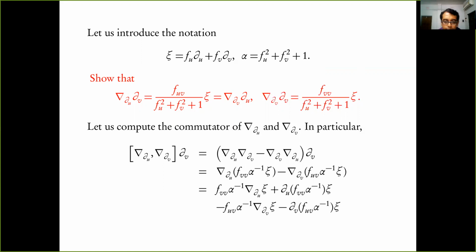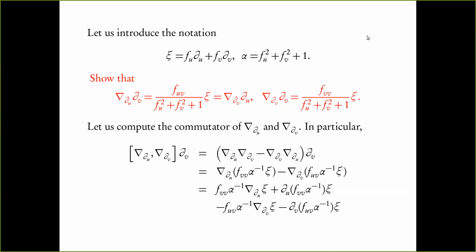One is where you pull this function out, and then nabla del u acts on xi, or del u acts on the function and the xi stays fixed. So that's the Leibniz rule on the first term. Similarly, the Leibniz rule on the second term. You pull out the function, then del v acts on xi, or del v acts on the function, and xi stays fixed. So I hope this is clear, right?